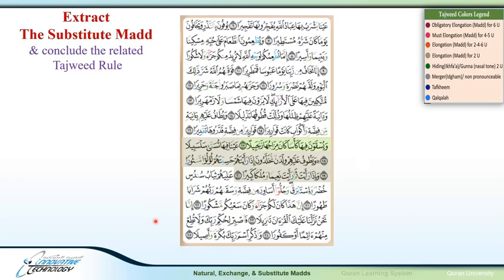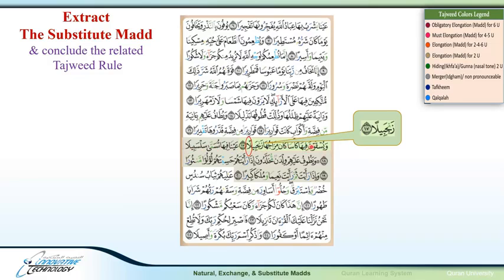Now let's practice extracting the substitute med from the shaded verses of the Quran. The first one we find is زنجبيلا. If we say كان مزاجها زنجبيلا عينا فيها تسمى سلسبيلا ويطوف عليهم ولدان مخلدون. In case we don't stop between the verses, then we pronounce the tanween.